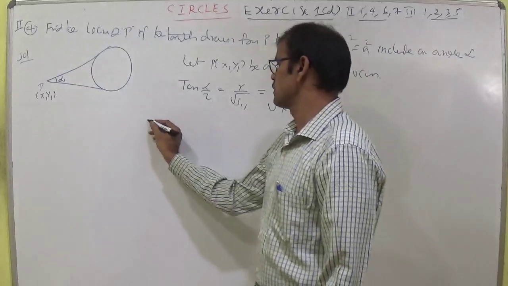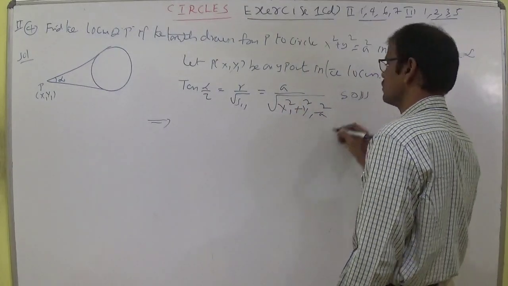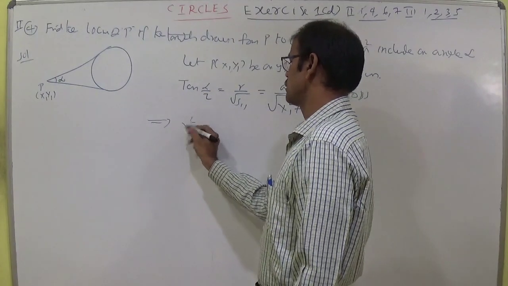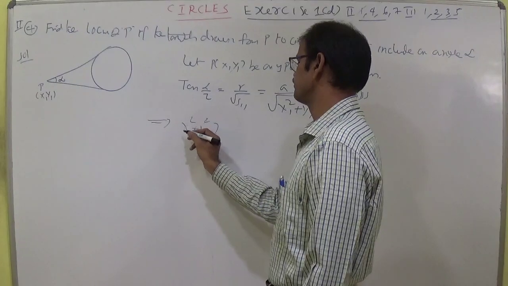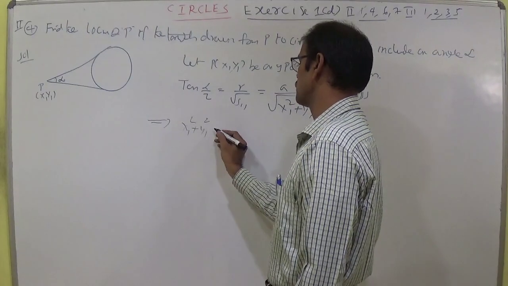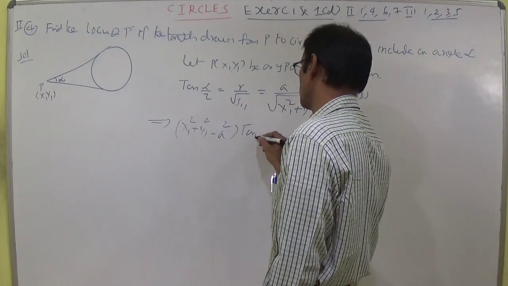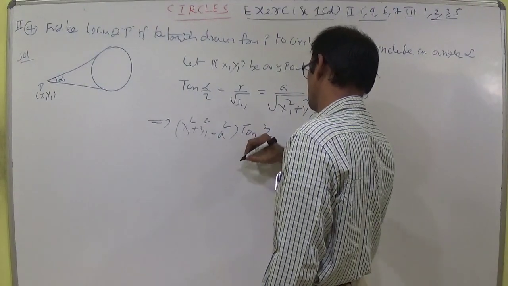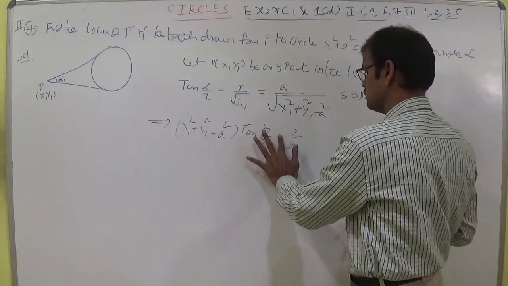That implies, taking cross multiplication, we had better do squaring both sides. So we can write (x1 square plus y1 square minus a square) into tan square alpha by 2 equal to a square.